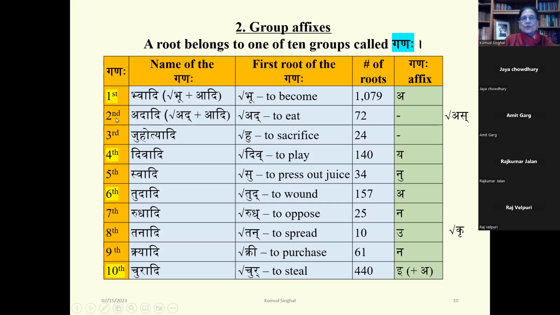The other two very important roots are the dhatu as, which means to be, and belongs to the second gana, Adadi gana, and the dhatu kr, which means to do, which belongs to the eighth group. So we are just going to study these four dhatus from these four ganas.